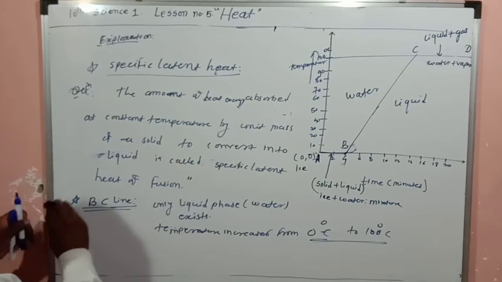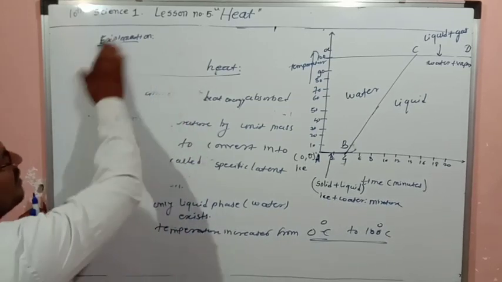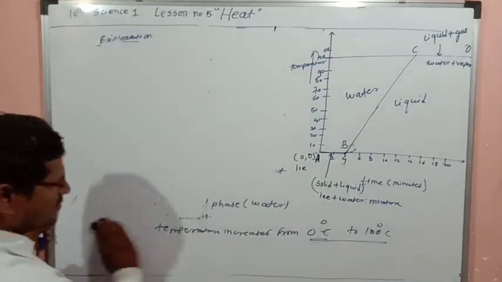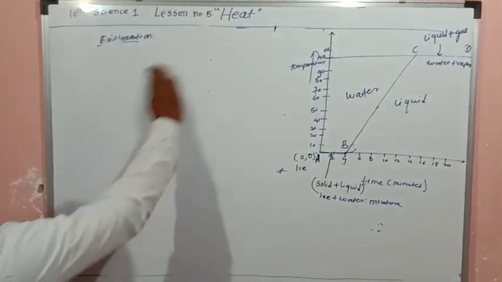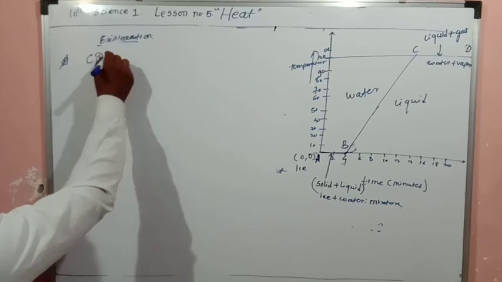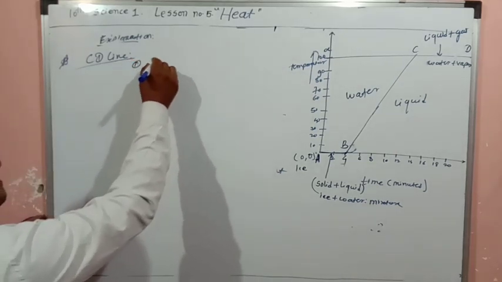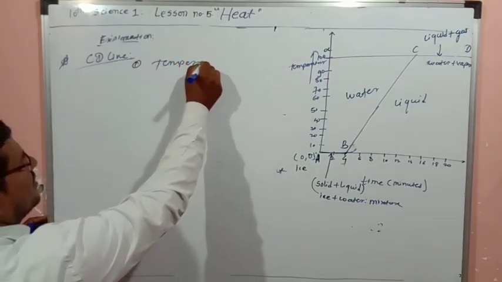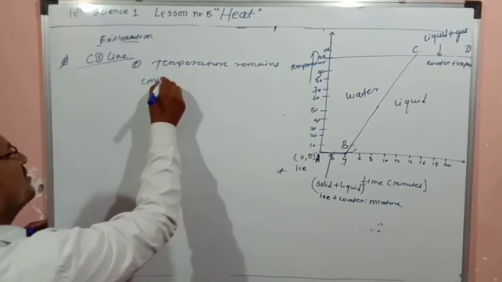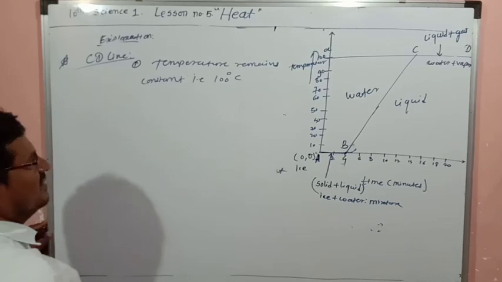Next we are going to learn about line CD. What takes place along the graph CD? First, the temperature remains constant, that is 100 degrees Celsius.